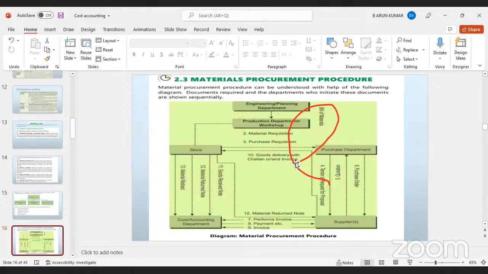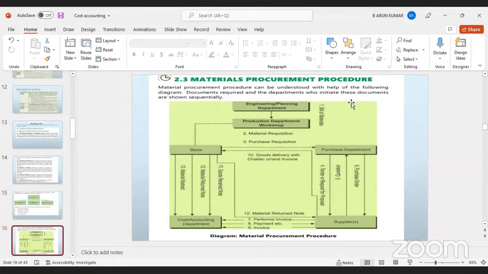The second one is the material requisition. The planning department prepares the details regarding how much quantity of material they want. Based on that, we prepare the material requisition note. Based on that material requisition, we prepare one detailed description regarding those materials.